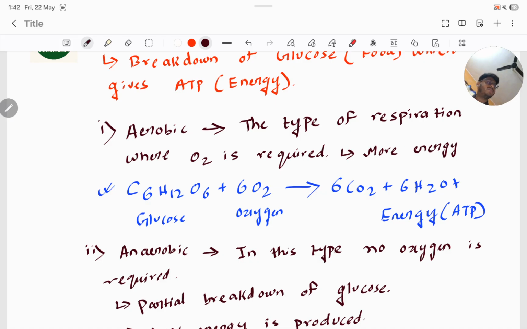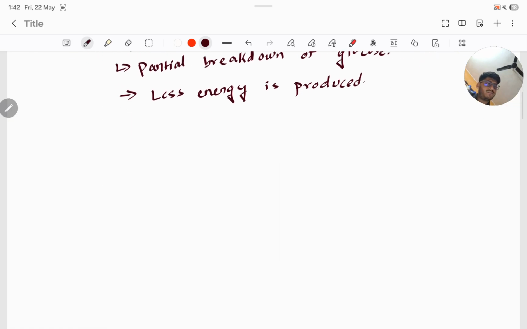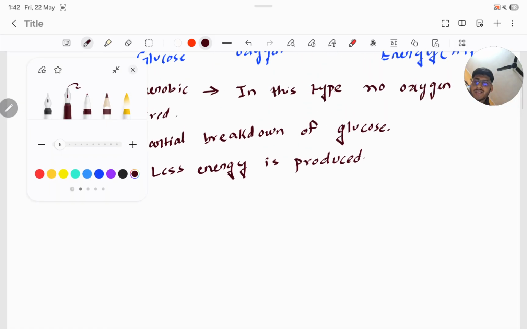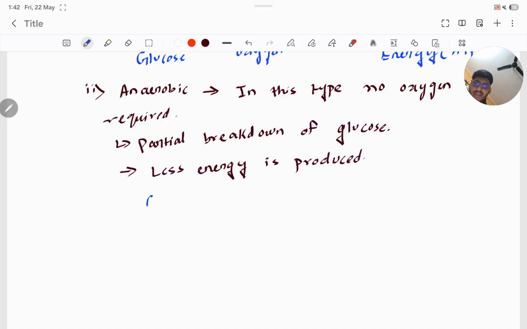Now, what is the reaction? There will be a certain reaction. So how is it getting broken? C6H12O6, this is the glucose, it breaks down to 2C2H5OH. It is nothing but alcohol.